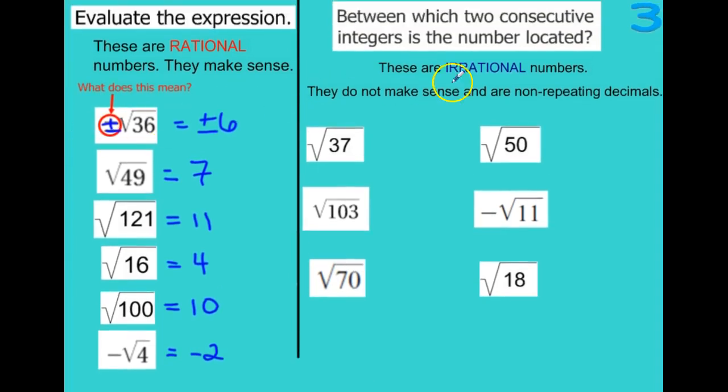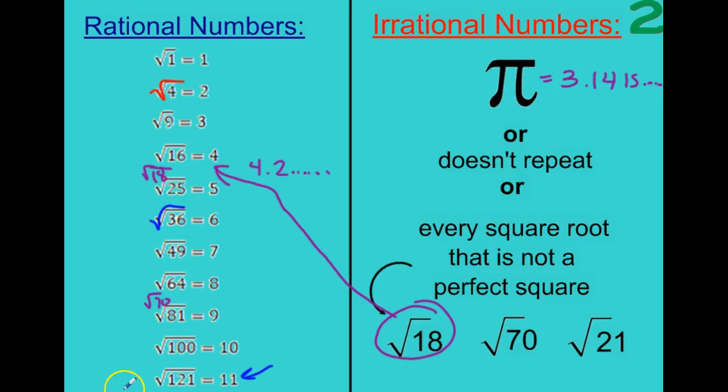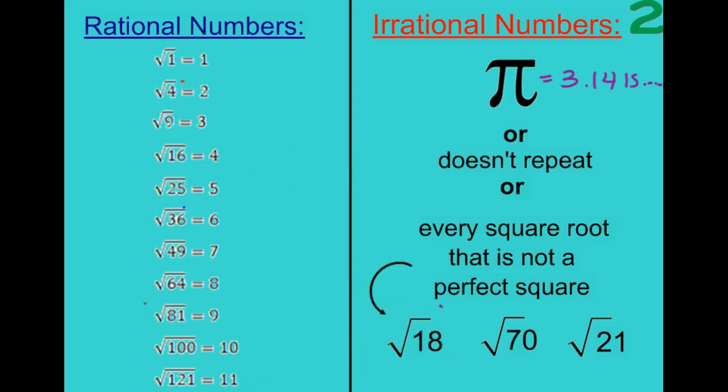Moving on to the other side, now we're going to look at some irrational numbers, some numbers that are not nice. We are looking at between which two consecutive integers the number is located. So the square root of 37, if we look at our list here, is not on our list.